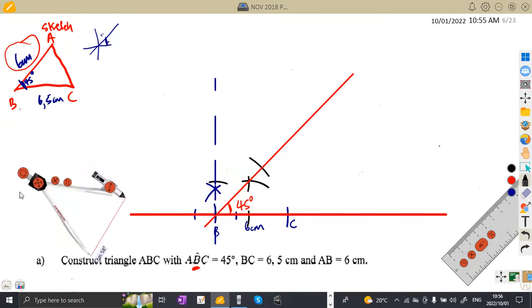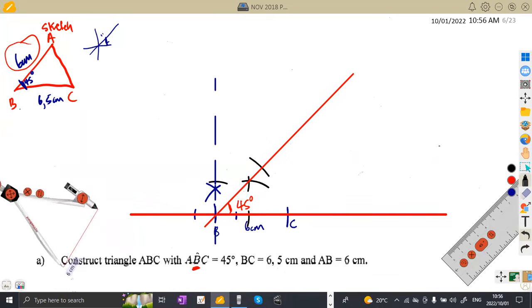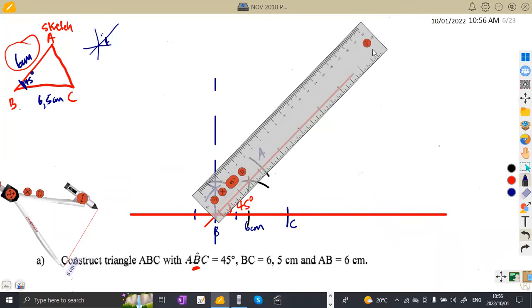So this is where our A is going to be situated. So if truly our A is situated at this point, what am I going to simply do? I'm going to join from C to A so that I can complete the triangle now. So it's a matter of completing our triangle.